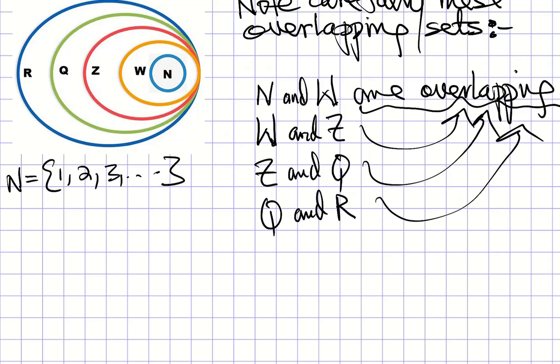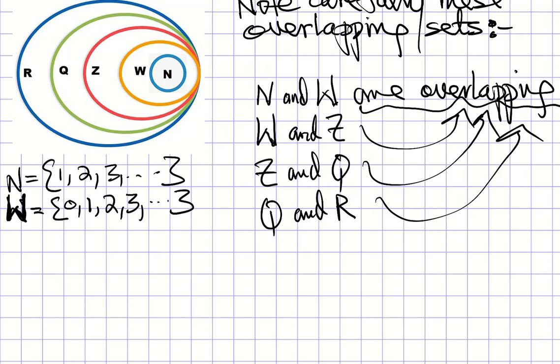And the set W is a set of whole numbers. It includes zero, and then what I wrote above, 3 to infinity. So they're overlapping because they have a bunch of stuff in common.